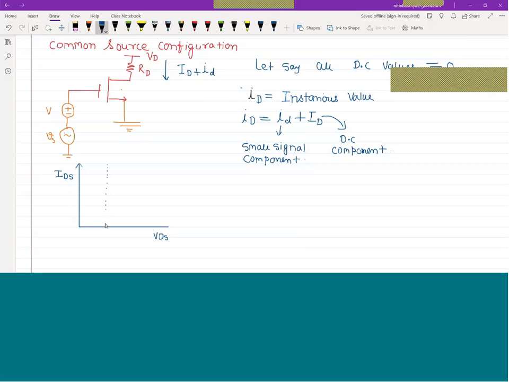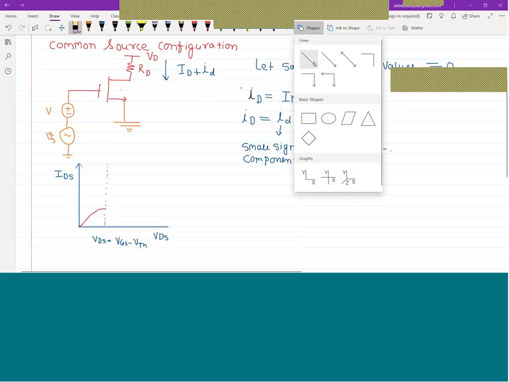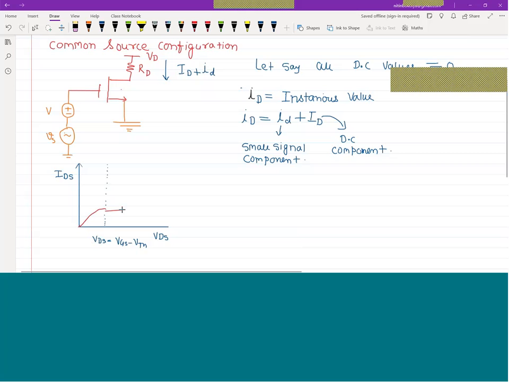This is the point where the value of VDS is equivalent to VGS minus VTH.